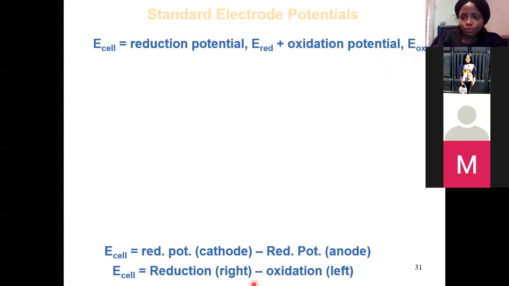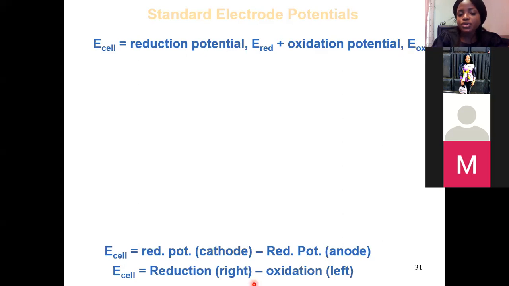All you need to do is make sure that you identify which is the reduction and which is the oxidation. And we know that your oxidation takes place in the anode and your reduction takes place in the cathode.